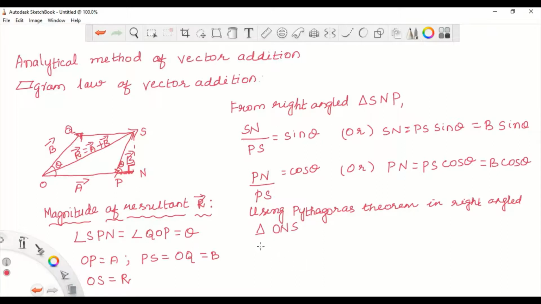What is OS square? OS square is equal to ON square plus SN square.